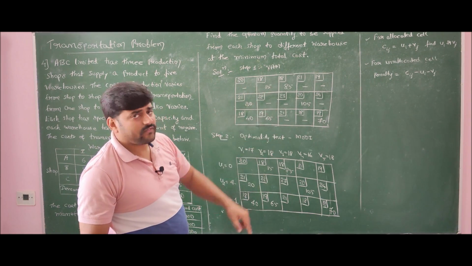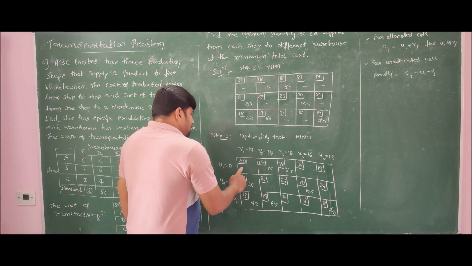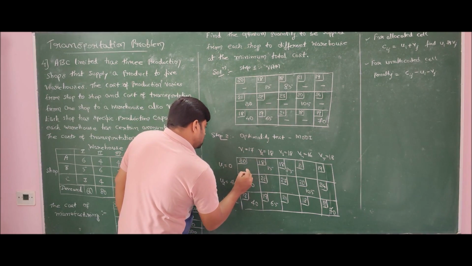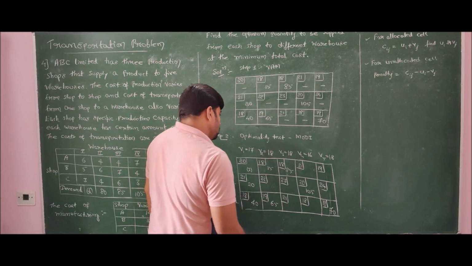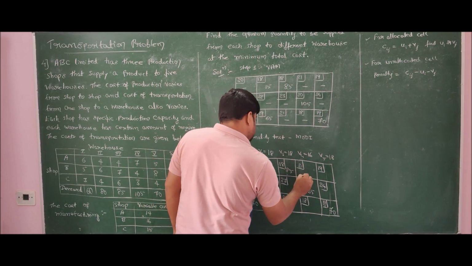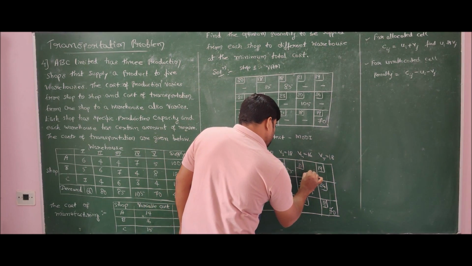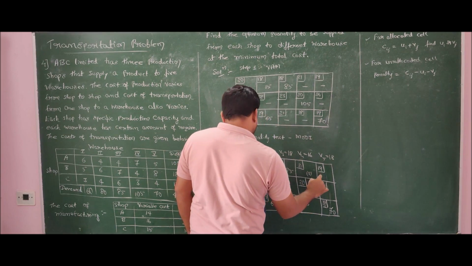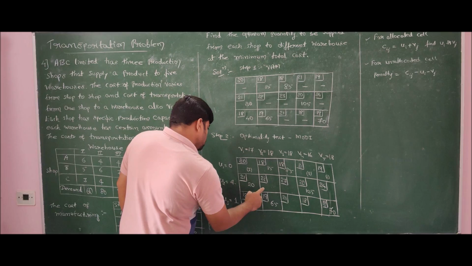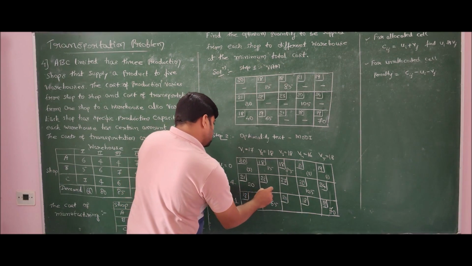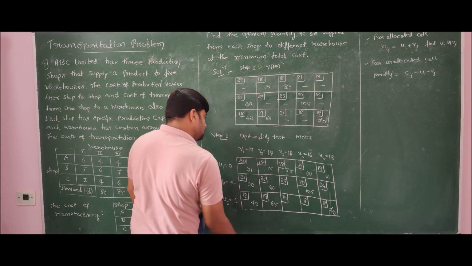For unallocated cells, find the penalty. That is, cost is 20, 20 minus 17 minus 0 is 3. Cost is 21, 21 minus 16 minus 0 is 5. Cost is 19, 19 minus 18 is plus 1. Cost is 22, 22 minus 22 is 0.